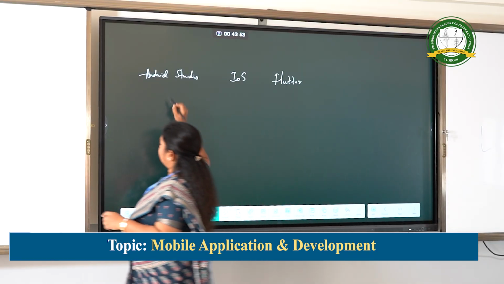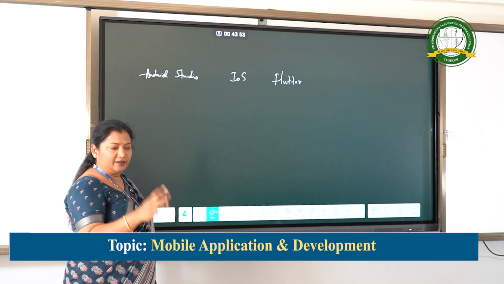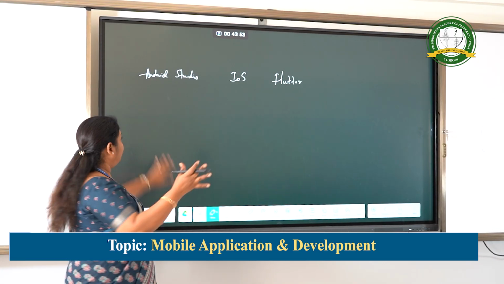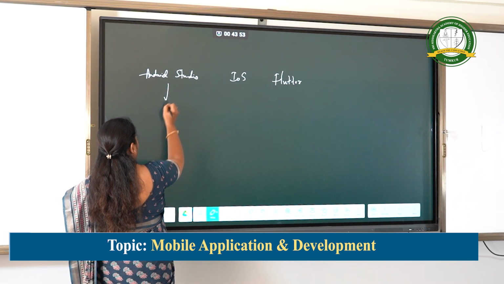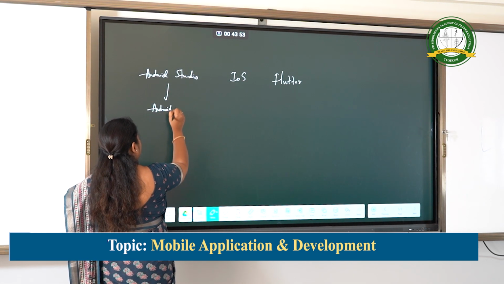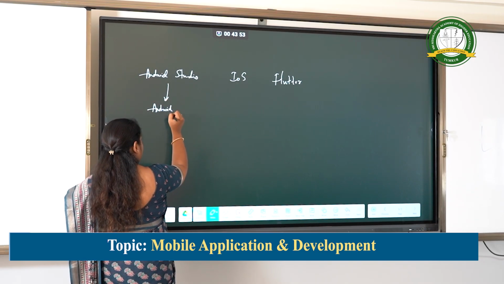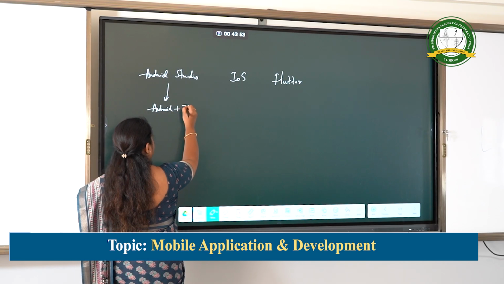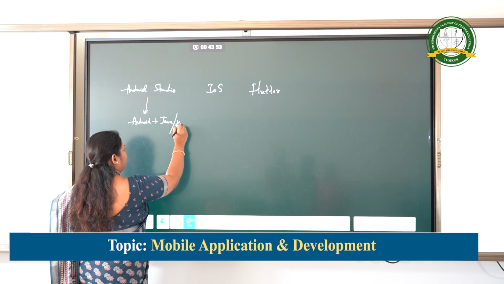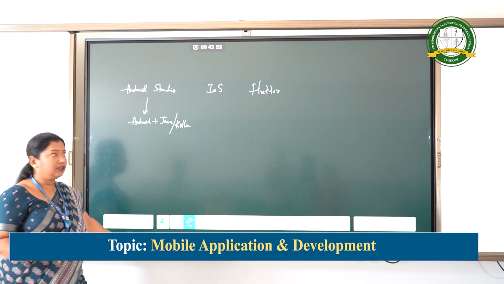Firstly, Android Studio, which we will discuss for the development of mobile applications throughout our syllabus, from the first unit to the fifth unit. In Android Studio we develop mobile apps for the Android operating system, using Java, or another language that has been introduced, Kotlin.